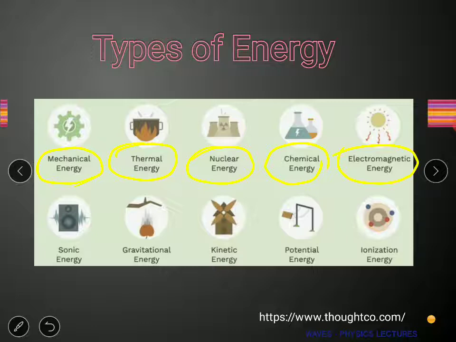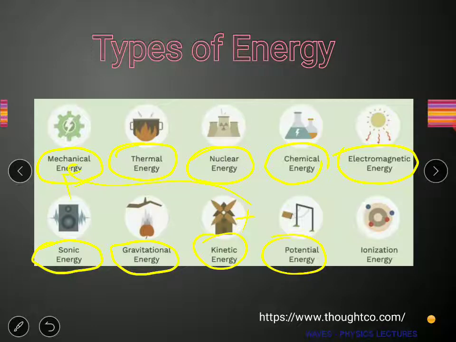Then we have sonic energy. You have your tape recorder, which is dealing with sound. And then gravitational energy, of course, the story of the apple. The apple falls, the gravitational pull, the earth's position, the solar system works, the earth is revolving around the sun, and so on. All these are a result of gravitational energy. Now kinetic energy and potential energy, if we combine them, we get something which we call thermal energy.